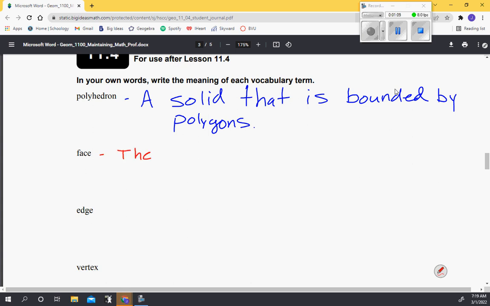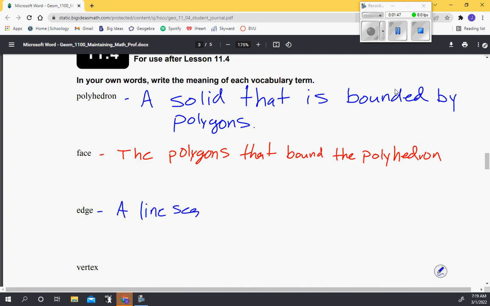So, an edge is a line segment formed by the intersection of two faces.